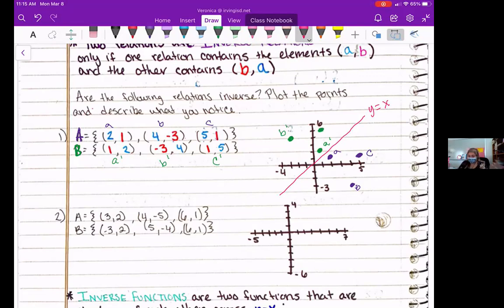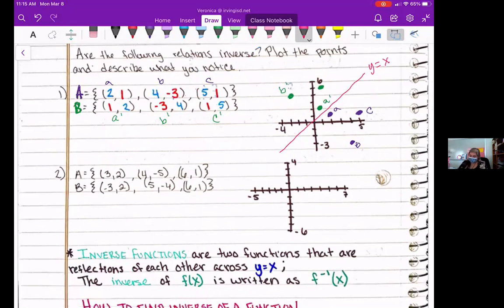Okay, so for number 2, are the following relations inverse?